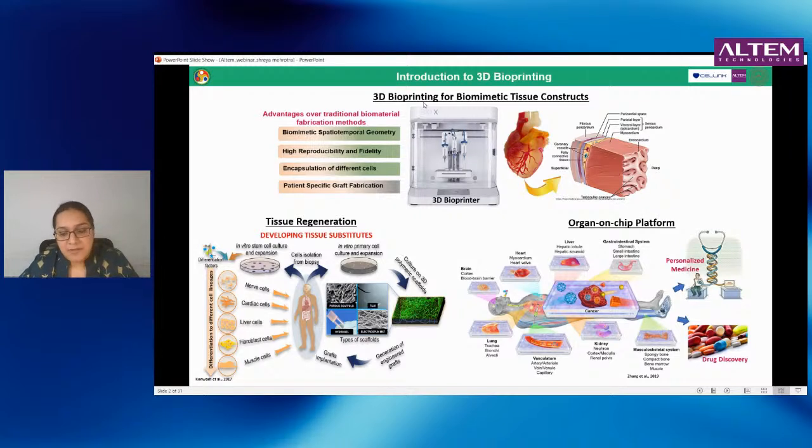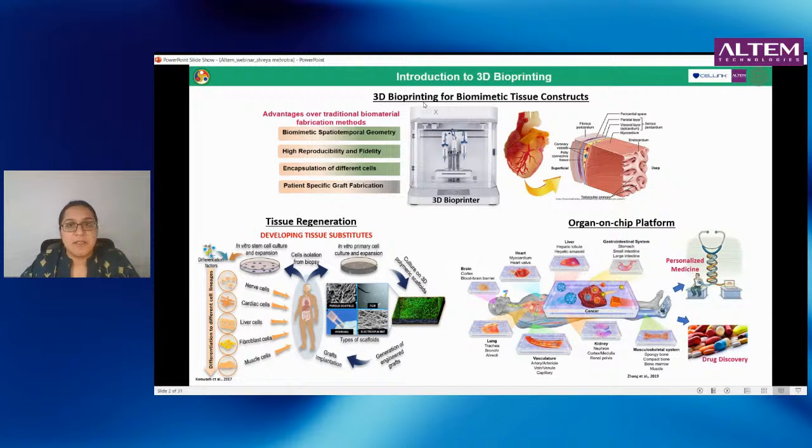On the other hand, the other field that is looking forward to these 3D bioprinted organs or human constructs is the organ on chip platform system, where these 3D bioprinted human tissues are again considered a replica of the native tissue, and when coupled with a sensing platform or an on chip platform, can form a basis of personalized medicine as well as drug discovery and drug screening processes.